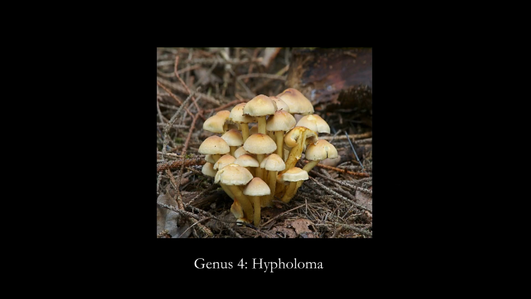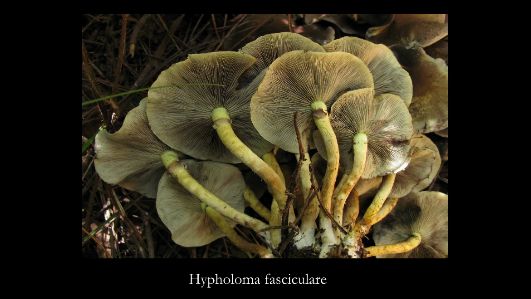Number 4. Hypholoma. If you've spent time in the woods in the Pacific Northwest, you've probably seen this mushroom growing from stumps or dead logs. It is called Hypholoma fasciculare, or sulfur tufts, and if consumed, will cause severe gastrointestinal upset. Like Psilocybe cyanescens, Hypholoma have purple spores.